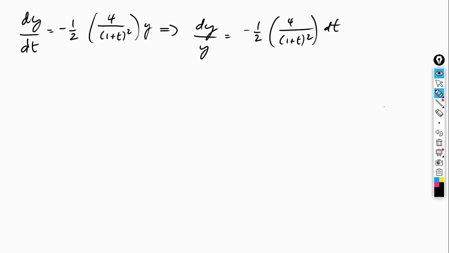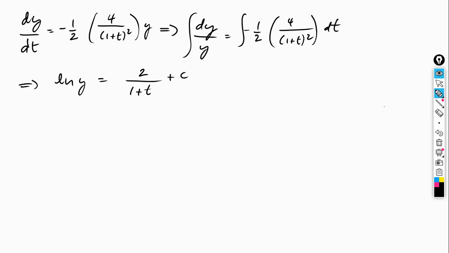So now we integrate both sides, and we're going to get natural logarithm of y, because it's the amount of substance, so it's a positive number. We don't need to use absolute value. And this is going to equal, integrating the right-hand side, 2 over 1 plus t, and then plus c, the constant.